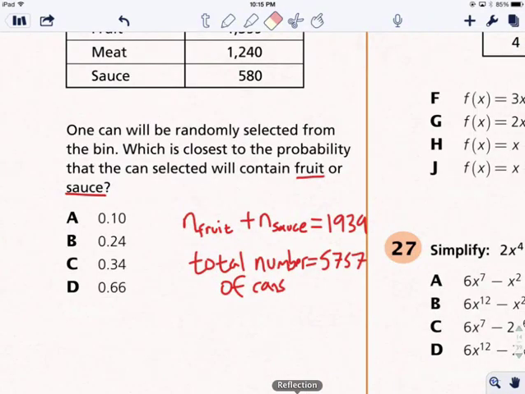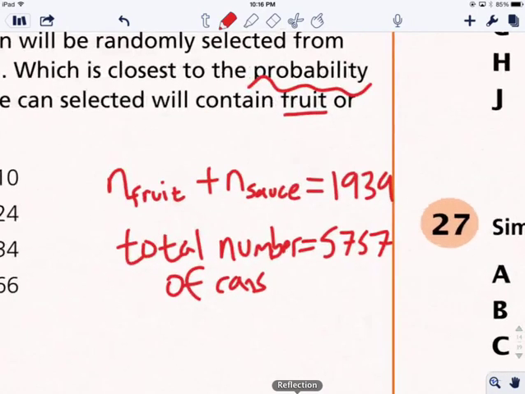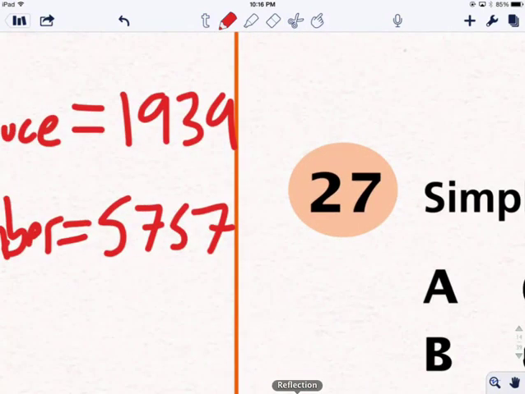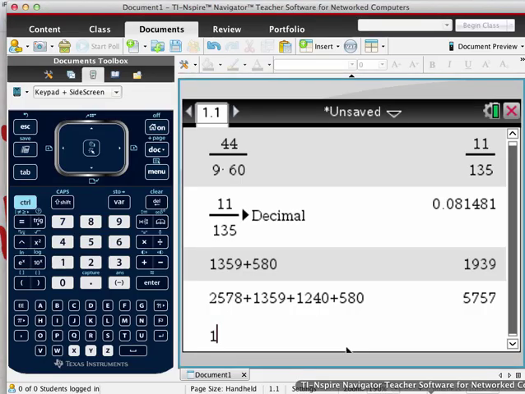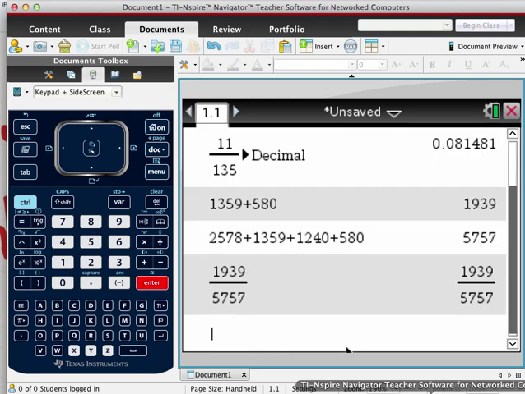So the way to find the probability that the can that we select will be either fruit or sauce is to simply take this fraction, 1,939 divided by 5,757. So if you do that calculation, 1,939 divided by 5,757.